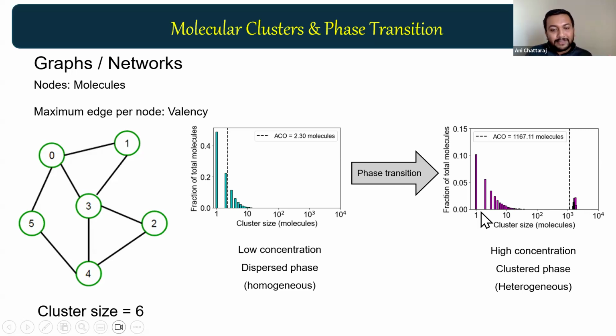This is an example of phase transition, and it is happening as a function of the concentration of the molecules in the system. So we are essentially quantifying the phase transition in the following manner. By looking at this cluster size distribution, we can tell whether the system has undergone a phase transition or not. The left hand side is one phase and the right hand side is two phase. That's why it's a phase transition.